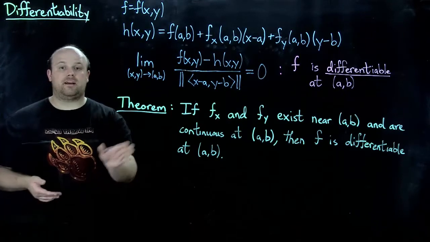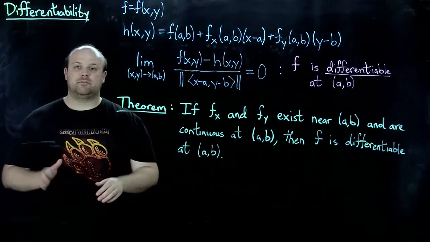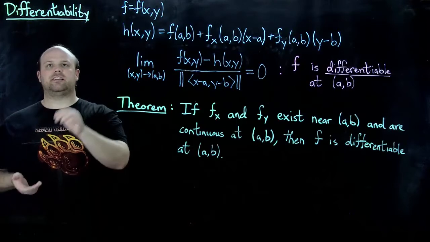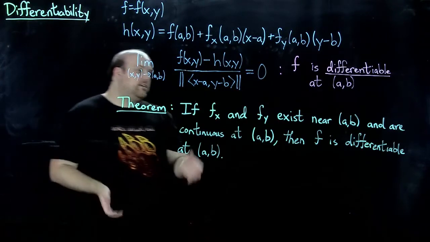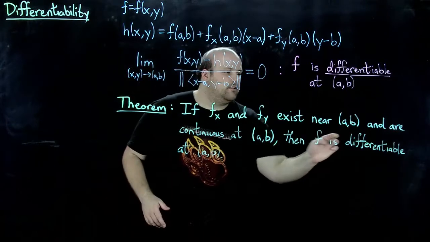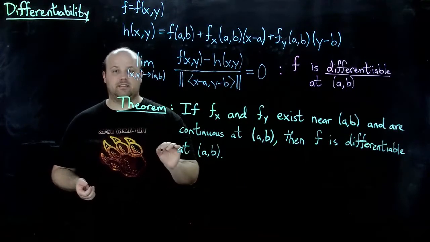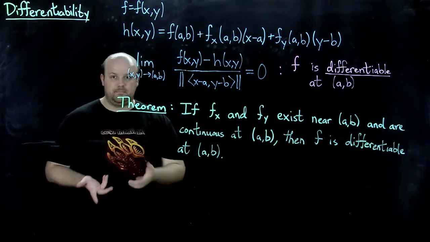And that's supported by this theorem here. So if the partial derivatives exist, which is the we can write them down part, in other words, like we can say here's a function and take its derivative, if they exist near here, and they have to be continuous at the point, then f is differentiable at the point a b.